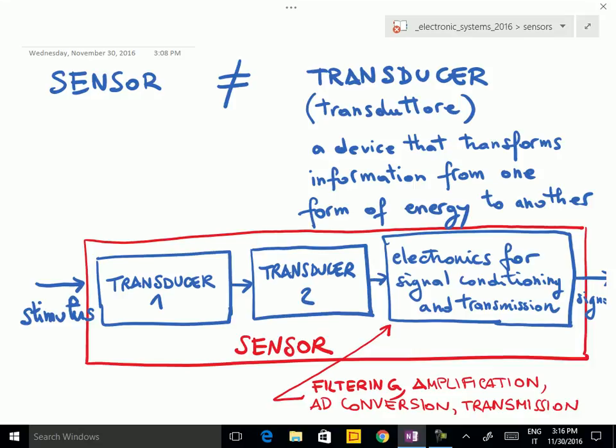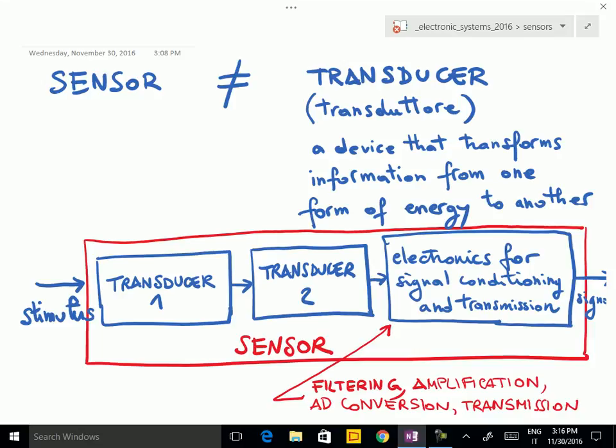Here we can have one transducer or more than one transducer. Of course, the first transducer must have as an input the stimulus in the energy form of the original quantity that we want to measure. The last transducer must have at the output the information in an electrical form.